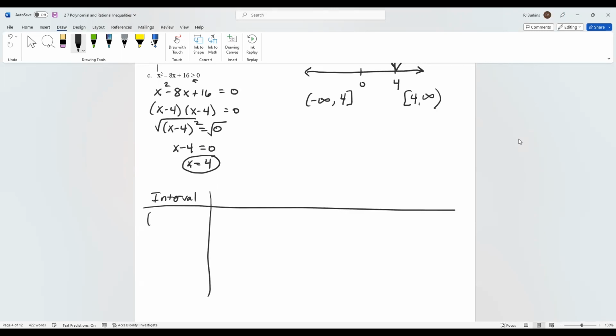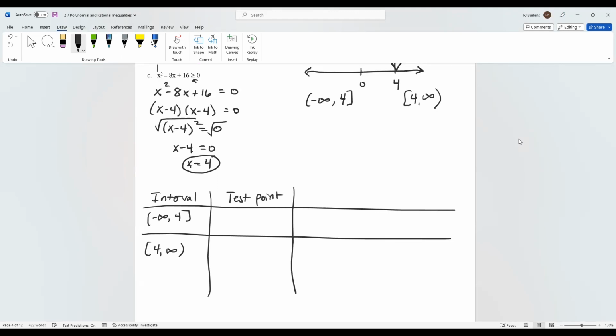We have -infinity to 4 and 4 to infinity. We need a test point. I'm going to choose 0 in this interval, and I'm going to choose 5 on this interval.